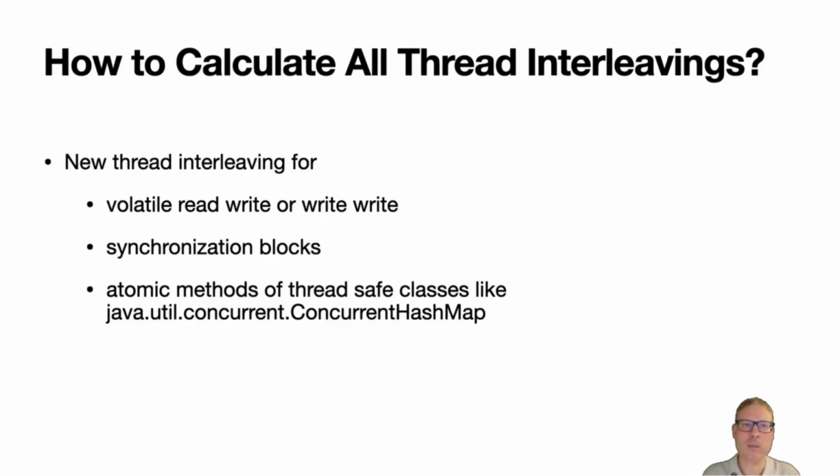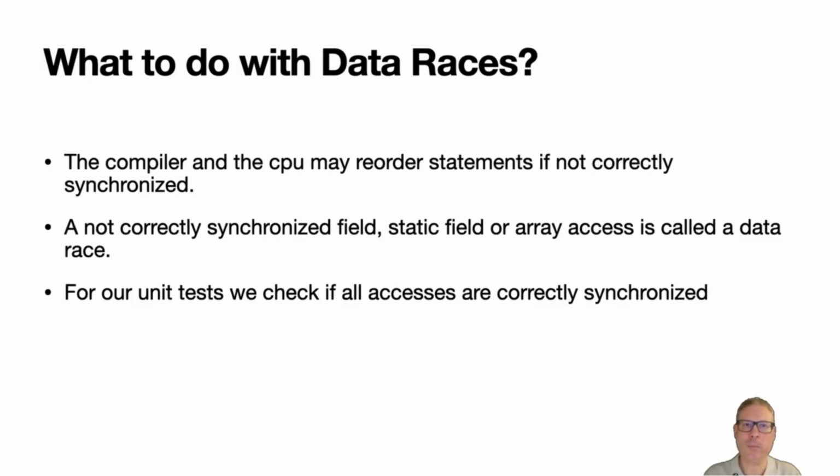Okay, so let us look at the second reason for non-determinism in multi-threaded unit tests. The compiler might reorder statements. The CPU might cache values so that we don't see the correct value, but only if the field accesses are not correctly synchronized. So if the statements are not correctly synchronized, this might happen.